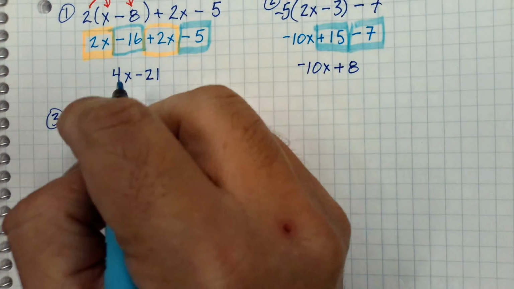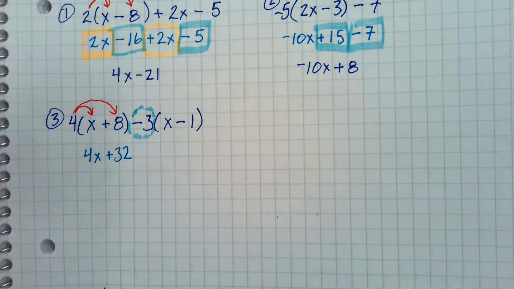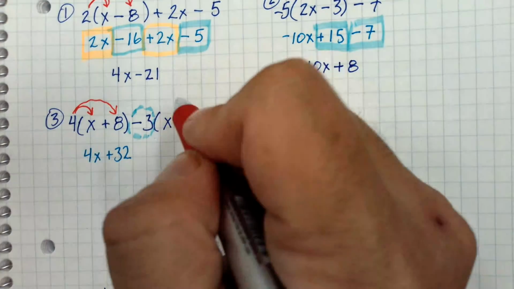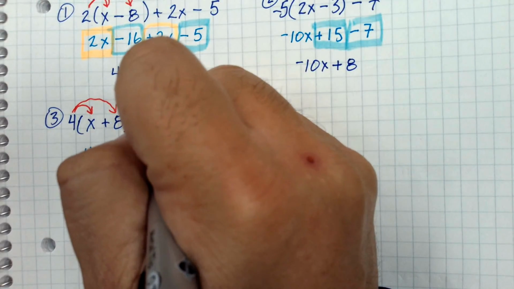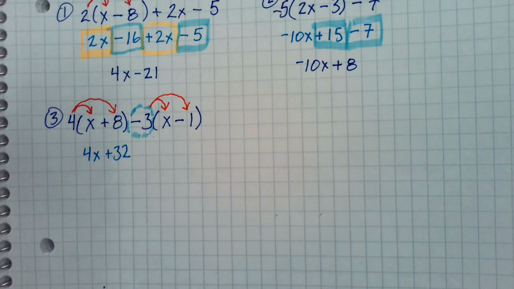I want you to recognize this as a negative 3, guys, that we can distribute. So Jose's suggesting correctly that we should distribute a negative 3.